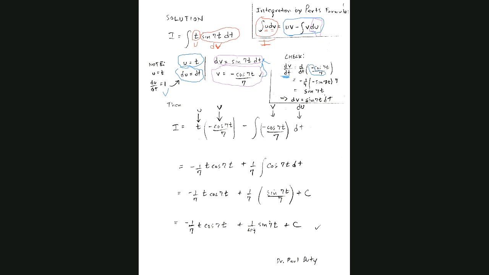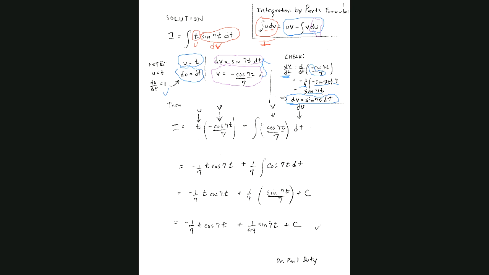And then the derivative of cosine of 7t is negative sine of 7t. And then the derivative of 7t is 7. So we get sine of 7t. Therefore, dv does equal sine of 7t dt.